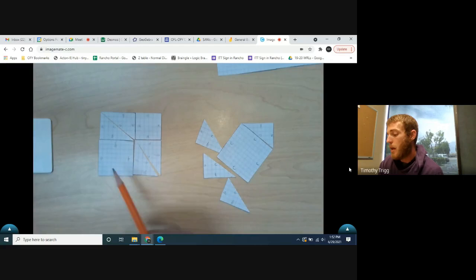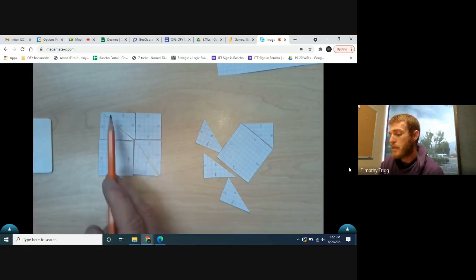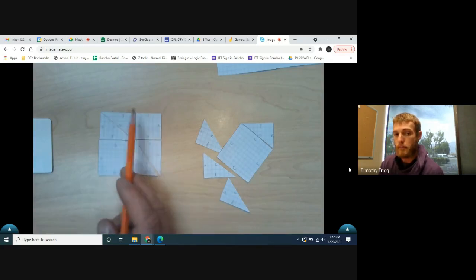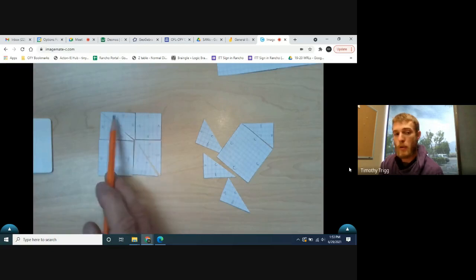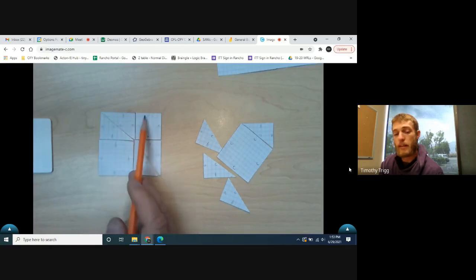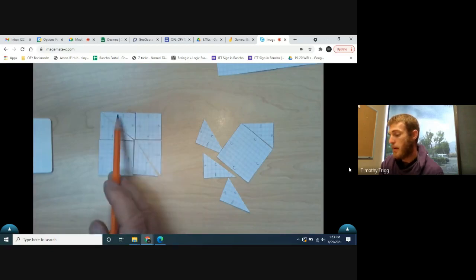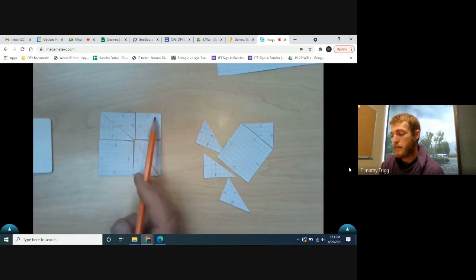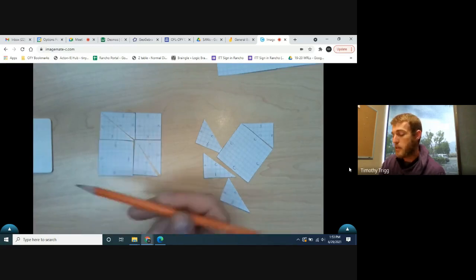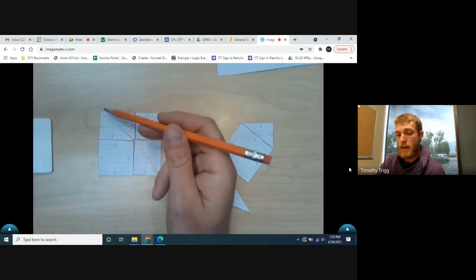Okay. Now, notice the length along the top here. Notice this length, right? This part of this triangle is a B, and then this is an A. So this length across the top is A plus B. You see that? A plus B. And what's the height of this square?